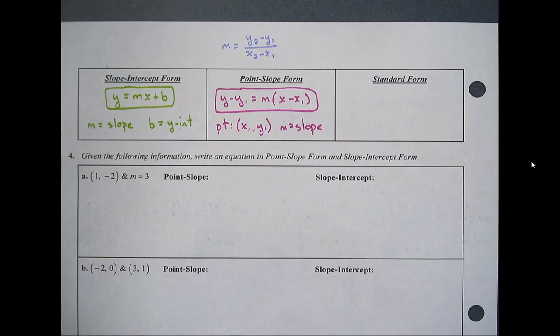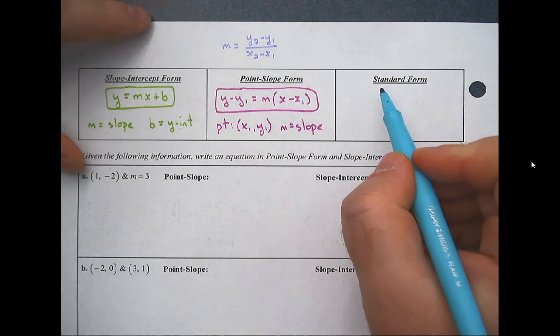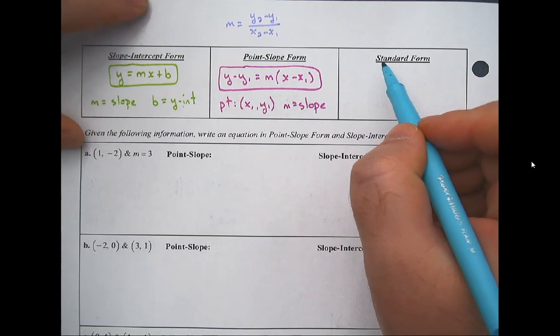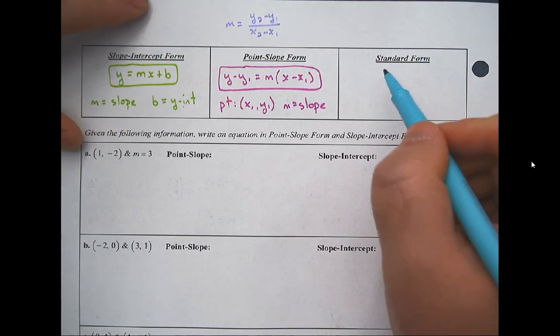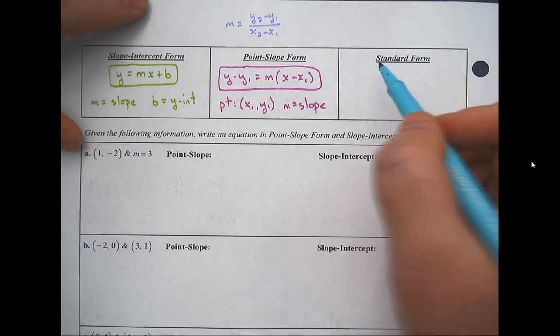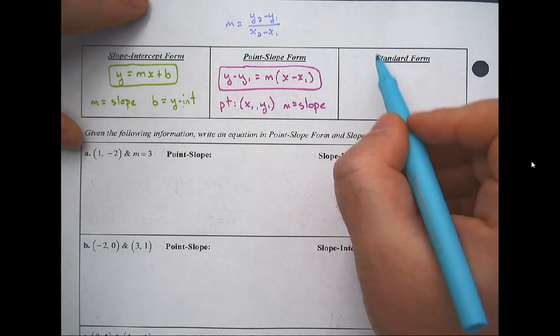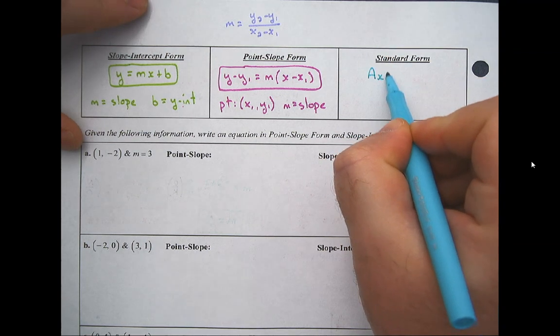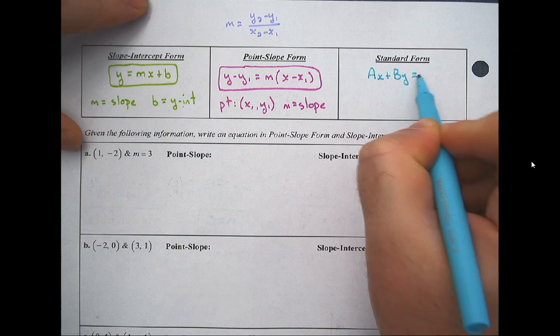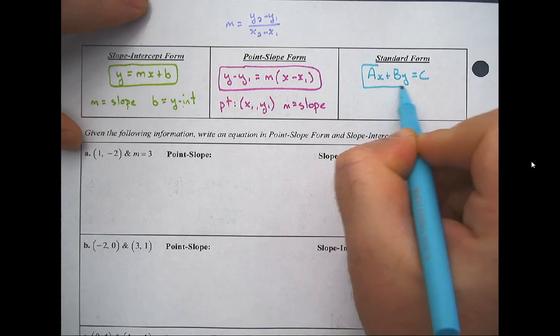And then the last form, the one that I probably use the least, but it's really the easiest one, usually based on a story problem. This is usually the easiest style of equation for a line to come up with. And it's ax plus by equals c.